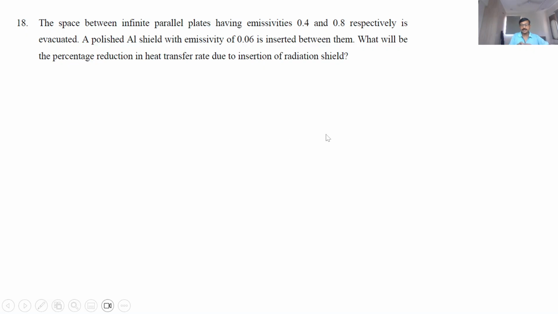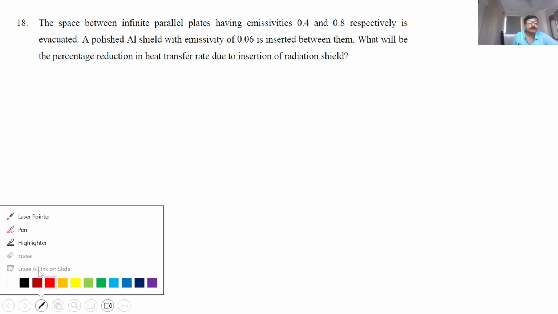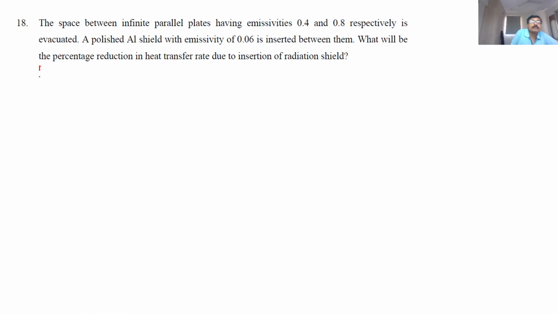Let's start interpreting the data. Space between infinite parallel plates means this is the case.